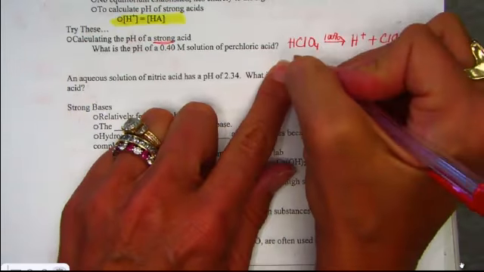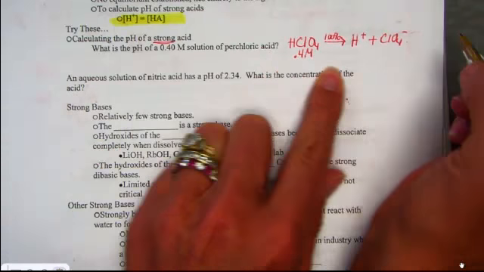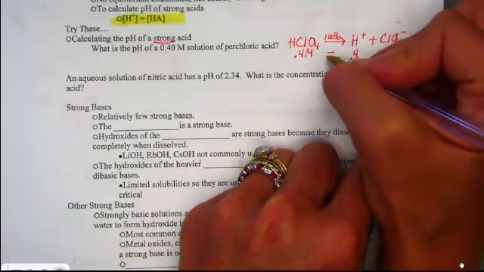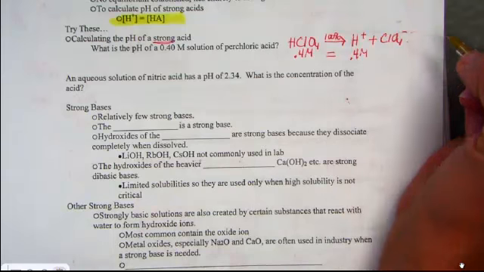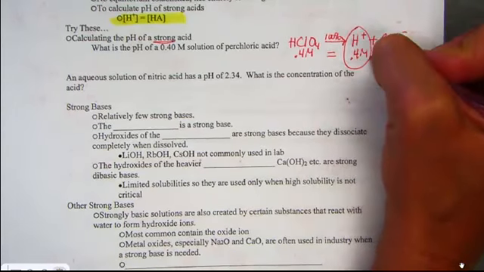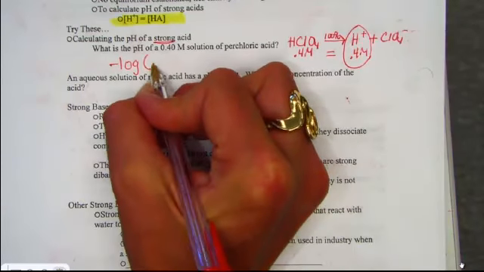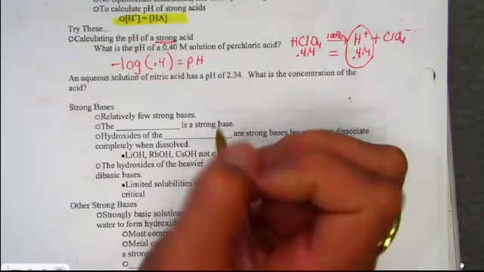If we're given the original concentration of 0.4 molar of the acid and 100% of it produces ions, we know that these are indeed the same value. So given the concentration of the acid, what we're really given is the concentration of our acid ion. It's just a plug and chug. Negative log of 0.4 molar will pull out our pH of our solution.